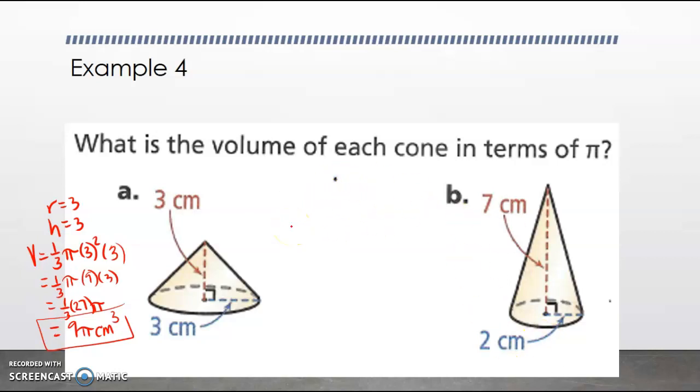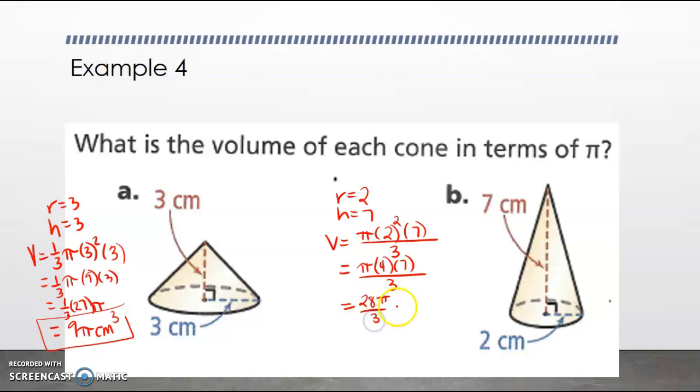On this one, I'm going to do it the other way that I said we could write our formula. Our radius is 2 and our height is 7. So volume equals pi times radius squared times our height, all divided by 3. 2 squared is 4, so pi times 4 times 7 divided by 3. 4 times 7 is 28, so we have 28 pi divided by 3, which is approximately 9.33.